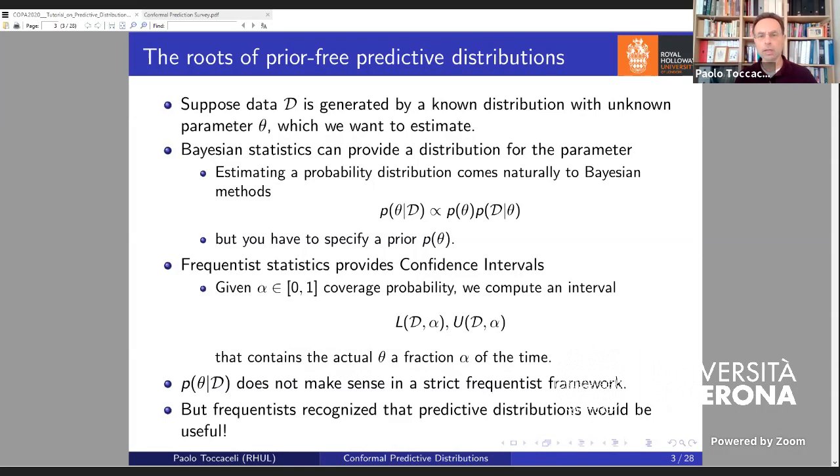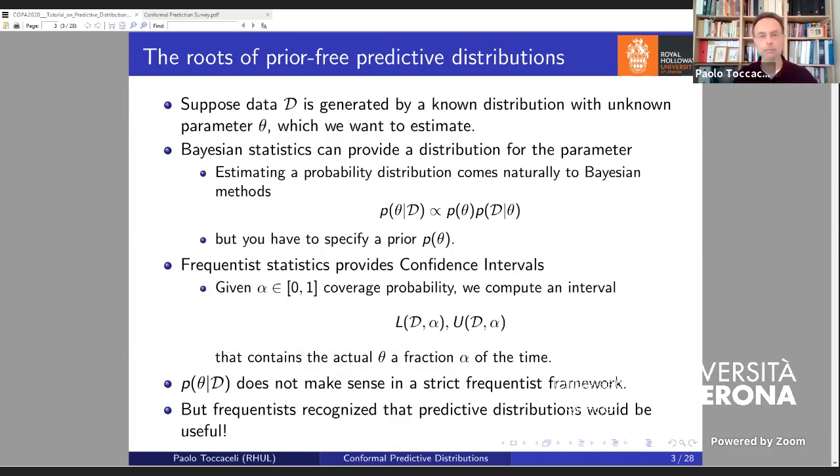So you choose a coverage probability alpha between 0 and 1, and then you can compute an interval by means of 2 functions, L and U. And this interval contains the actual theta a fraction alpha of the time as you sample the data D. It is important to notice that in a strict frequentist framework, you cannot even talk about the probability distribution of theta given the data, because theta is a parameter, is a state of nature, and it's a tenet of frequentist statistics that you cannot assign a probability to a state of nature.